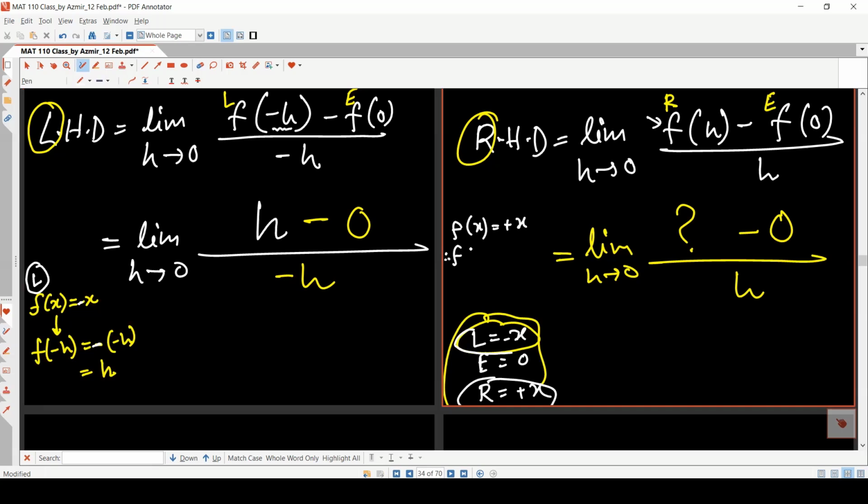From here, we have to find what is f of x. Where we have x, just plug x. Plus x means x only. So we have x here. So these are the side notes.